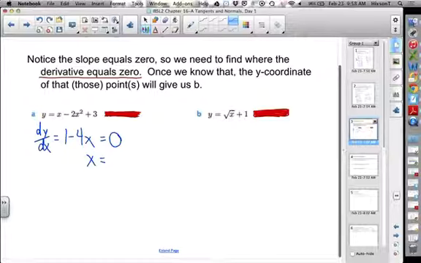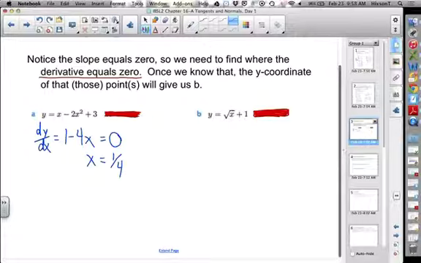No, you were right the first time, 1/4. We subtract the 1 and get negative 1, divide by negative 4, and we get a positive 1/4. So that tells us where our max point is, at least from left to right. It's at x equals 1/4.